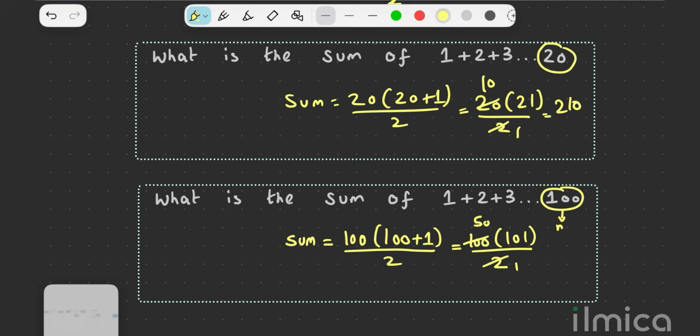Now finally, what we need to do is simply calculate the value of 50 times 101. Now at this point, you can just do multiplication in whatever way you like. If you do that, you will see that the answer is going to be 5050.